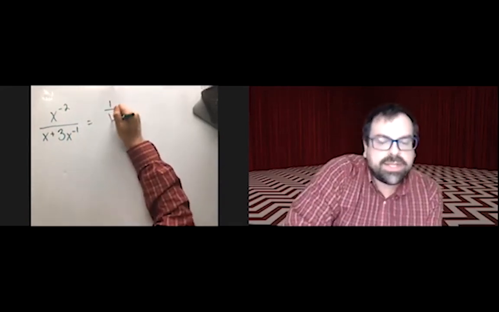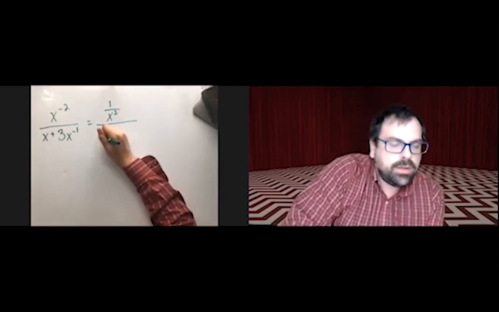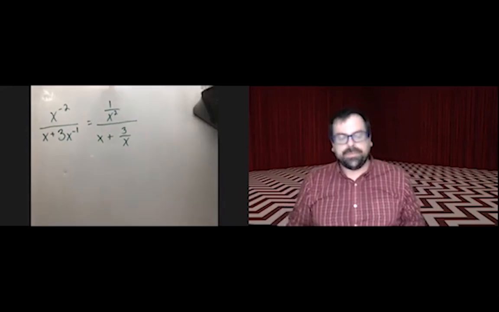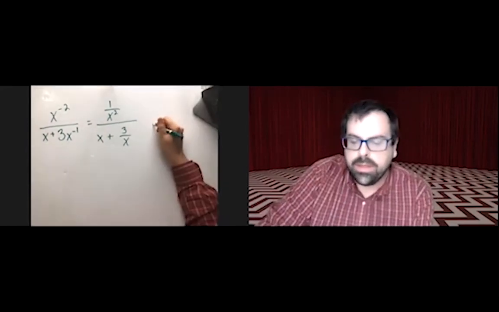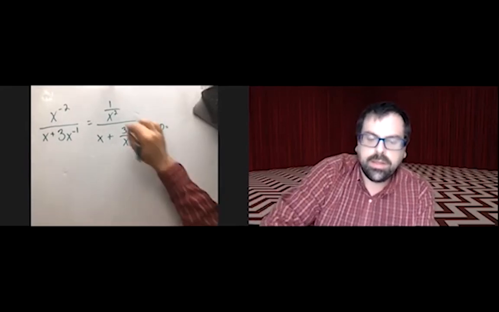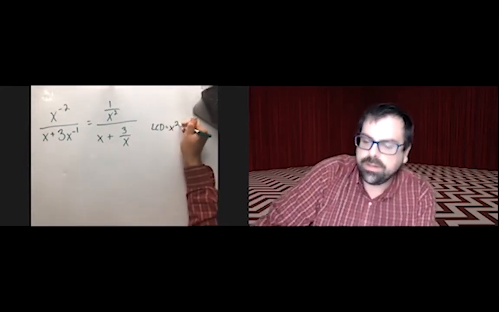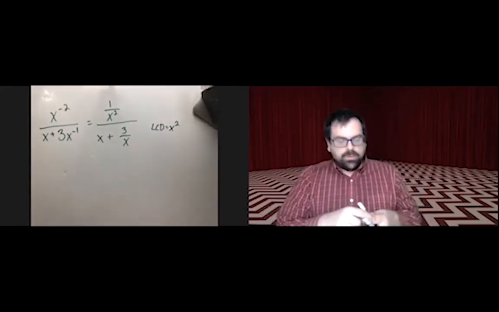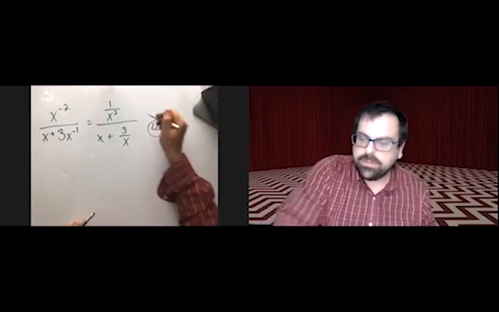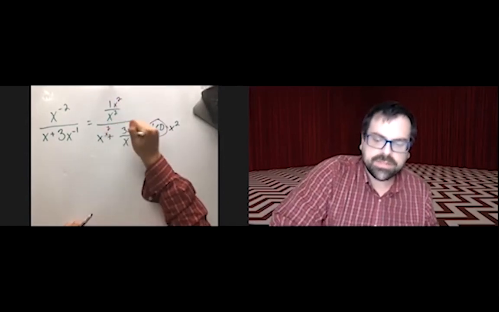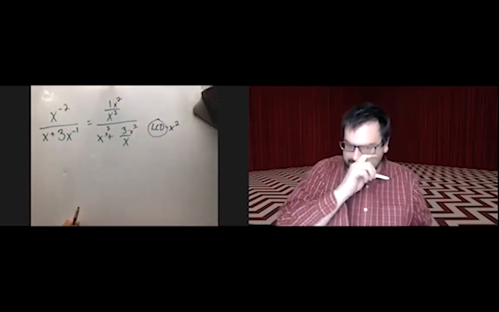This would be 1 over x squared over x plus 3 over x. The LCD, x squared. We already have a base of x. What are we going to do with that LCD? We're going to put it in the top of everything. Times x squared, times x squared, times x squared.